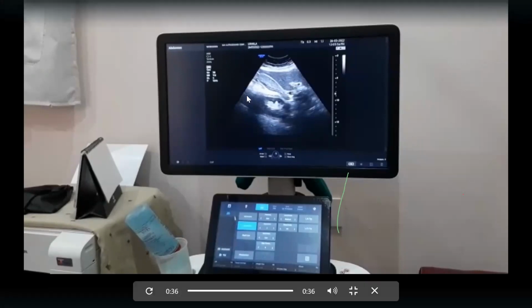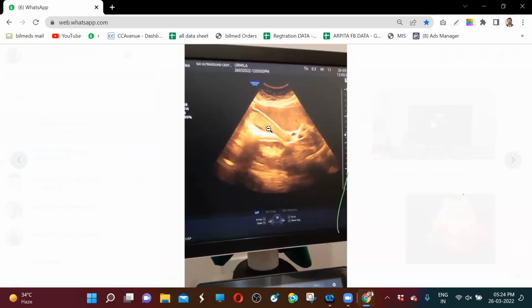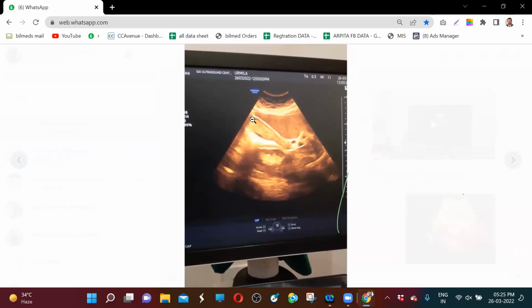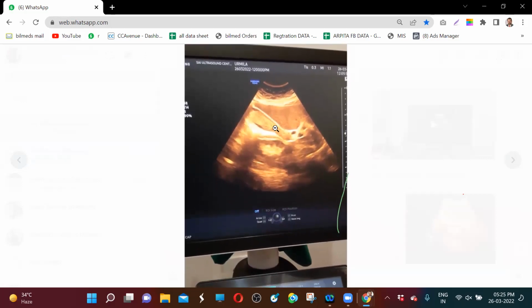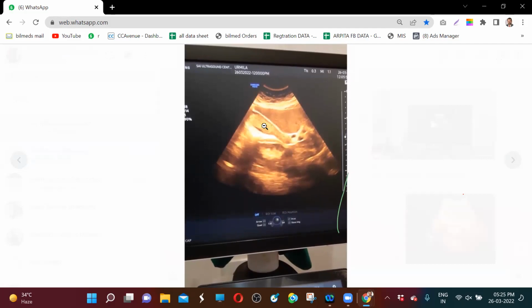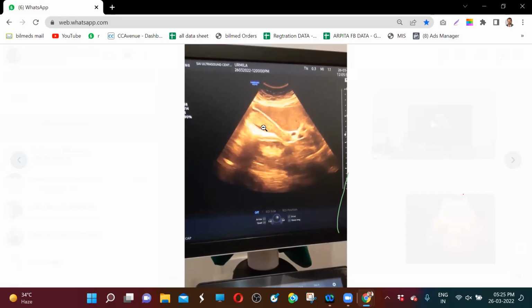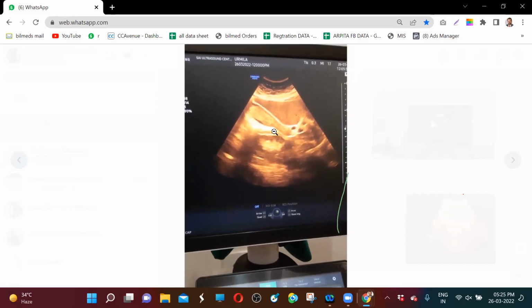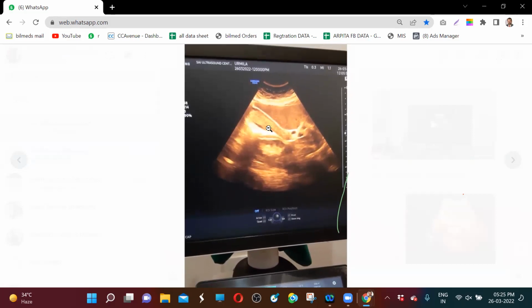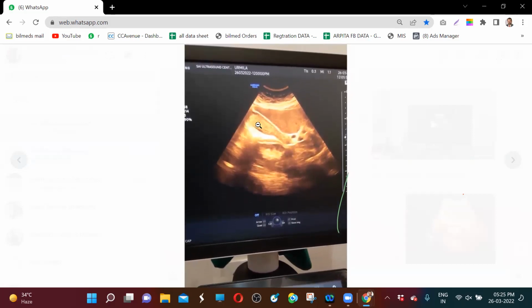Now, the picture of this same case is also showing me a gallbladder sludge only. Now, sometimes the sludge will not occupy the whole of the lumen. Imagine this gallbladder is not filled by the sludge, but there is some sludge in the neck or maybe in the fundal part of the gallbladder, and that sludge is echogenic.